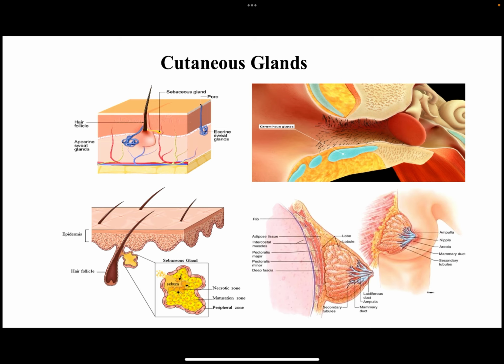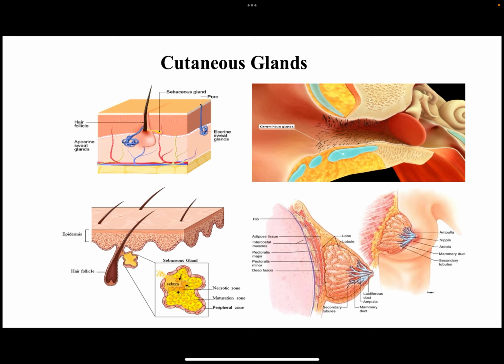That cerumen is what we call earwax. It's a sticky mixture of sebum, dead skin cells, and other substances. Cerumen moisturizes the ear canal, traps debris, and has antimicrobial properties that help to protect your auditory system.